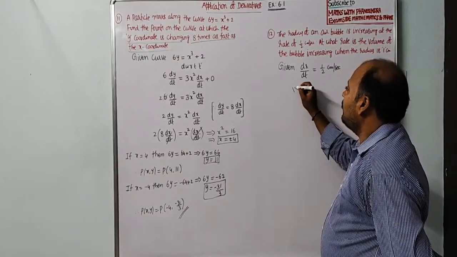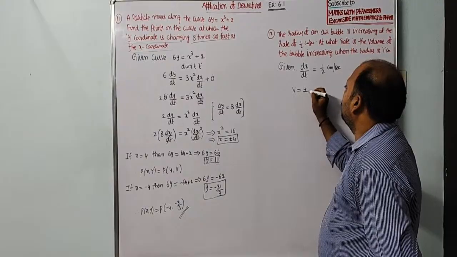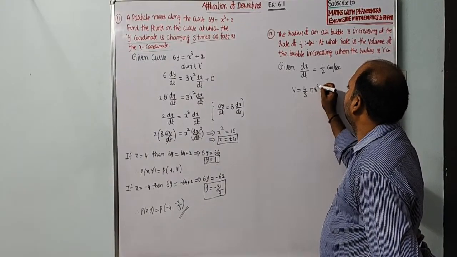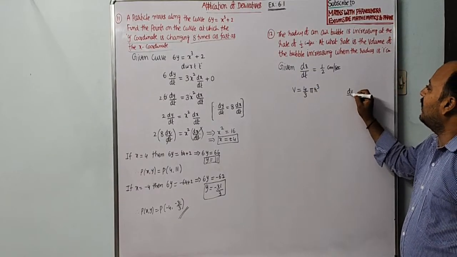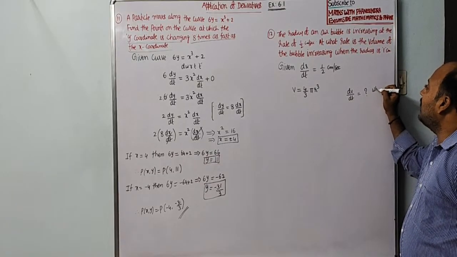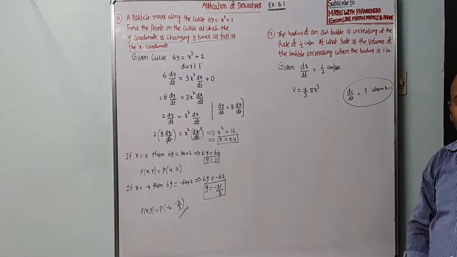So, volume of the air bubble, V equal to 4 by 3 pi r cube. They are asking to find dV by dt when r is equal to 1. This is the total question, dear students.